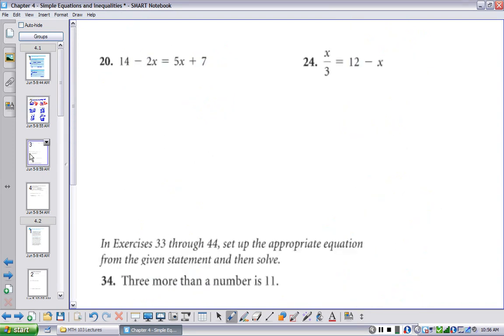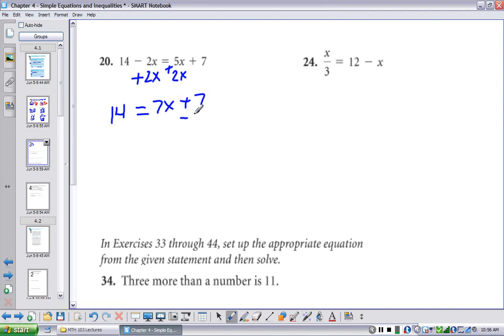Let's look at another one. Number 20 is very similar to what we just did. We have a negative 2x on the left-hand side. We have a positive 5x on the right-hand side. So I can add 2x to both sides. And I have 14 equals 7x plus 7.